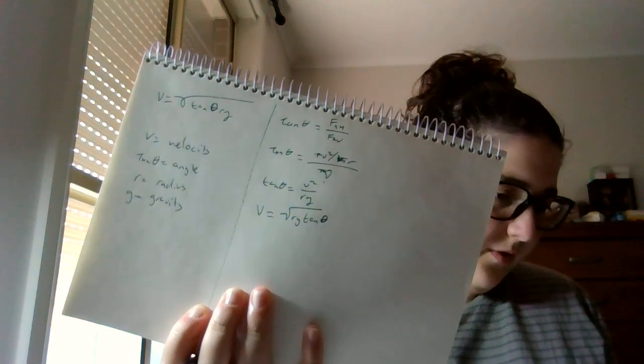So the horizontal force is mv squared over r, and the vertical force is mass times gravity. Mass cancels out, so tan theta is equivalent to v squared over rg. Then to get velocity by itself, v equals the square root of rg tan theta. Okay, so that's that entire process there.